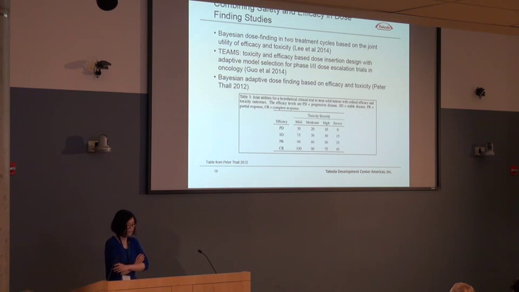For example, Bayesian dose finding in 2 treatment cycles based on the joint utility of efficacy and safety, and also the team's design. And I just want to briefly mention the last one, the Bayesian adaptive dose finding based on efficacy and toxicity. It's a review paper by Peter Thall, where one of the designs he mentioned is the utility function.